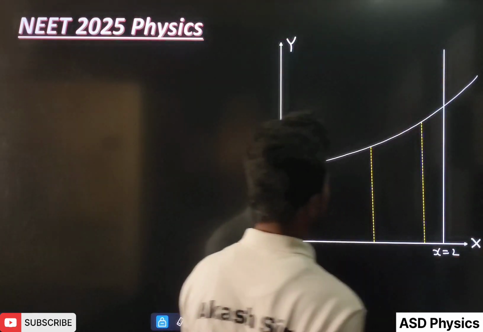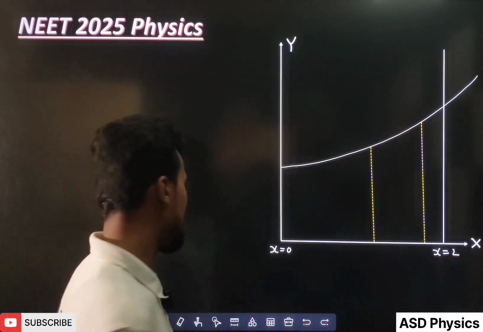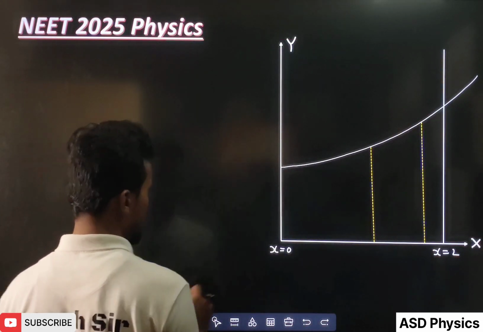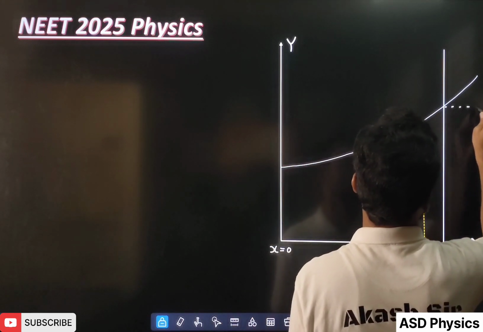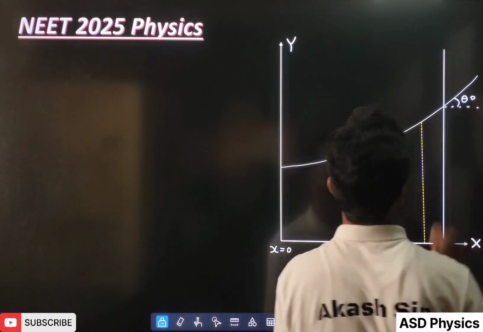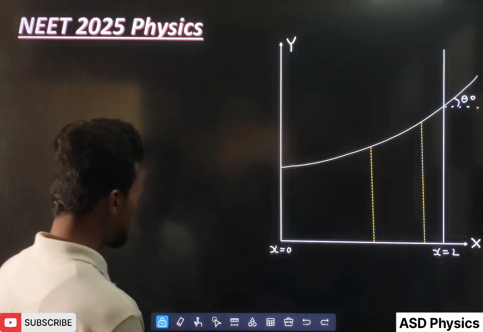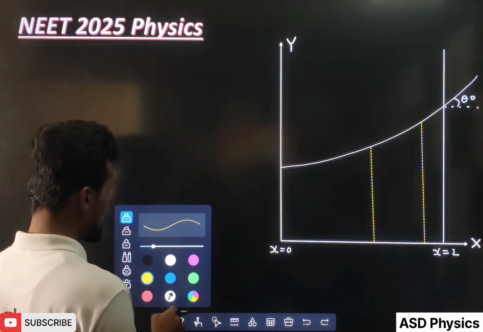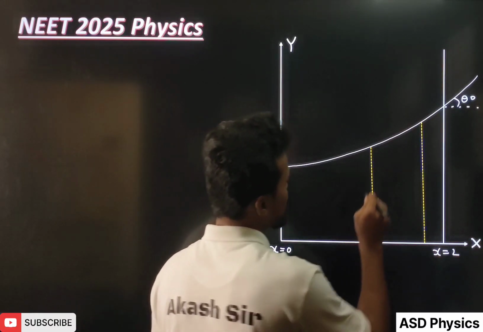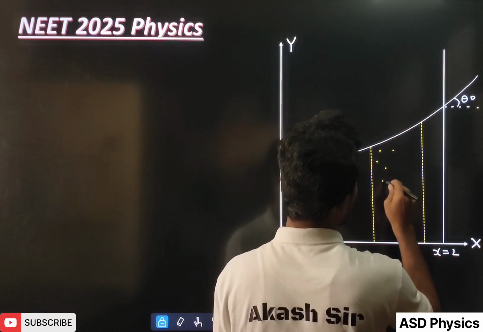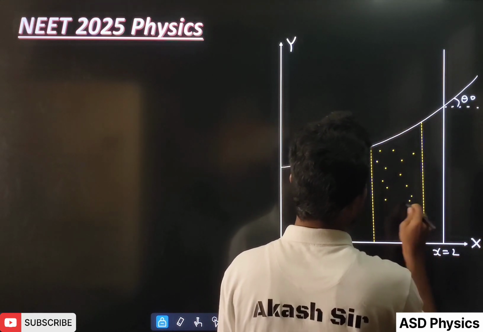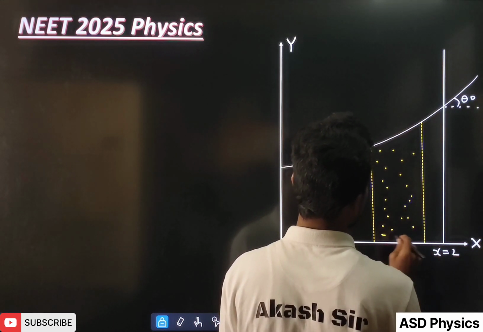See here, I have drawn this kind of diagram, and here they have given this angle as theta naught. Here we have to apply the property of surface tension. What is the surface tension property? According to it, the free surface will behave as an elastic membrane.